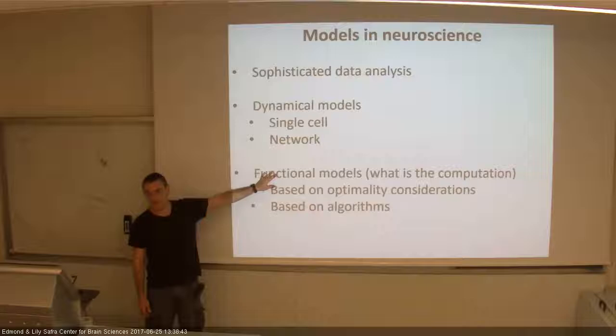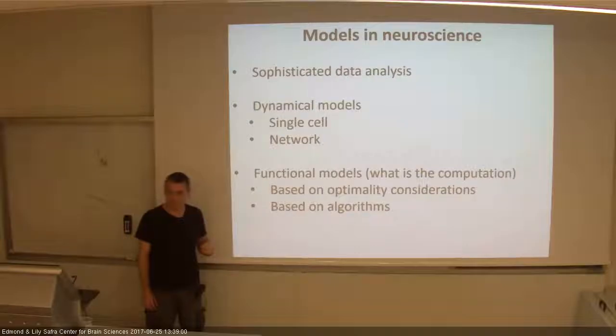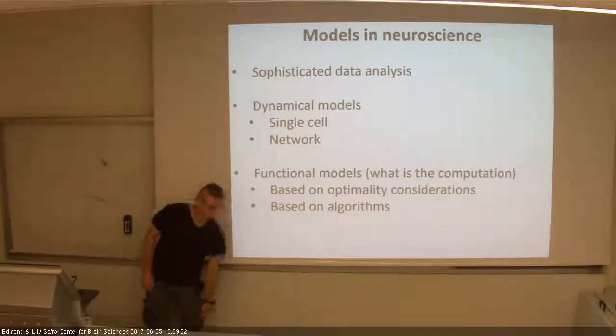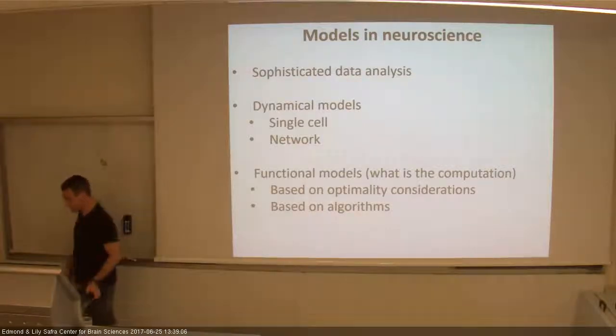First, we assume that there is a function. Then we try and figure out how this function can be achieved. And then we look for signatures in the brain that will relate the dynamics of the brain to this computation. This is what we do. This is what you would do. You spend most of the time in the next semester.